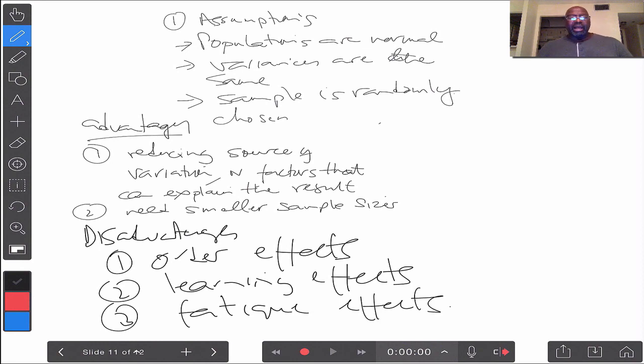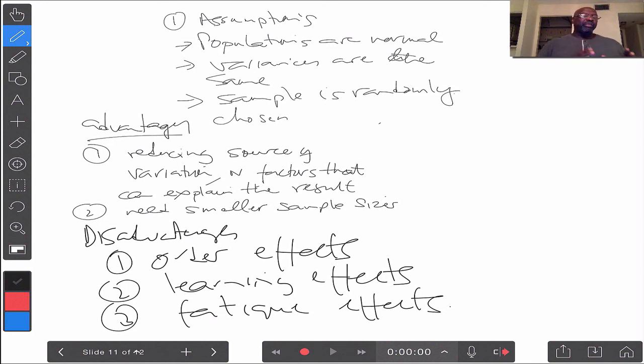Order effects. So sometimes the order in which we do the experiment. So if we use gasoline 1, then 2, then 3, does that affect the performance of the car? Do we use 2, then 1, then 3? Does that affect the performance of the car? So that would be order effects. Learning effects. Is the car learning how to use the gasoline better as we change it? Maybe not. And then fatigue effects. The car getting tired as it repeats the experiment.